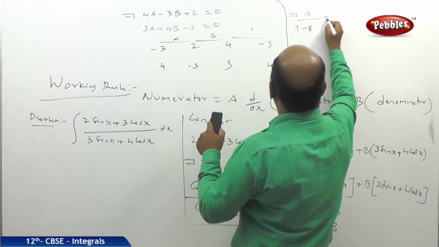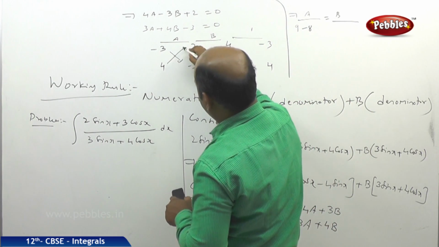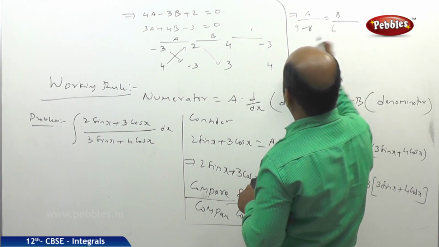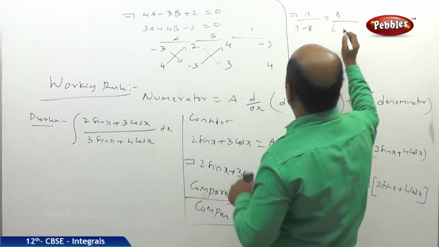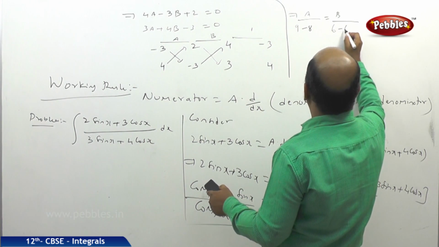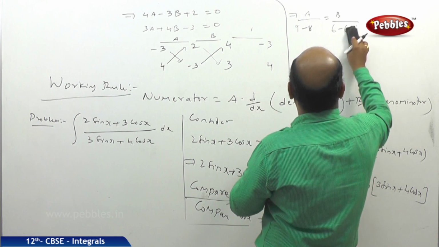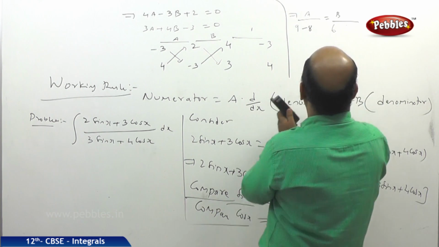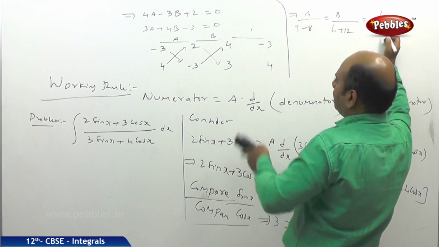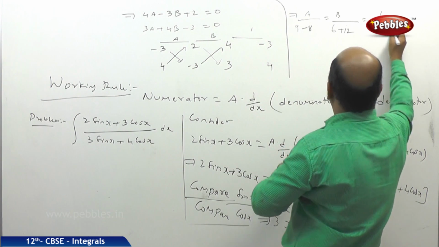So finally, a upon minus 3 is 9, 4 minus 2 is 8, is equal to b divided by 2 into 3, which is 6, and minus 4 into 3, so minus of minus, minus 12. I will write minus 12 at the beginning, but 6 minus of minus 12 means 6 plus 12, is equal to 1 divided by 4 fours are 16, 16 plus 9.